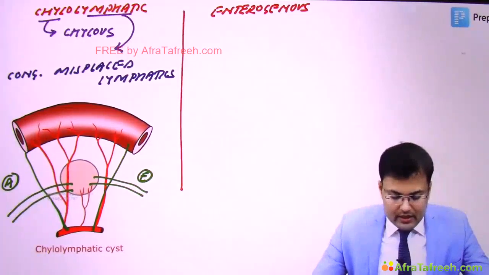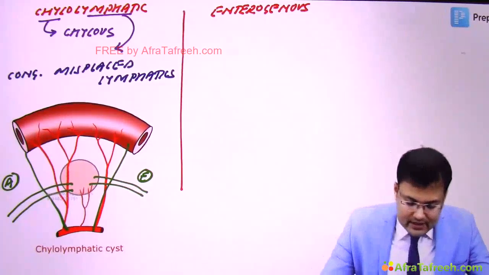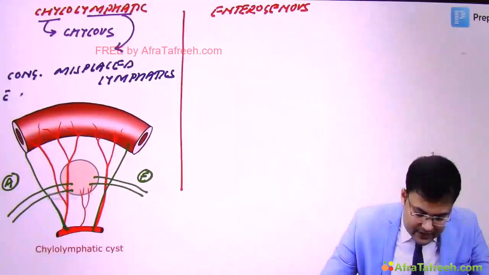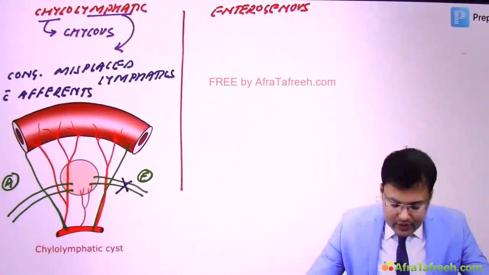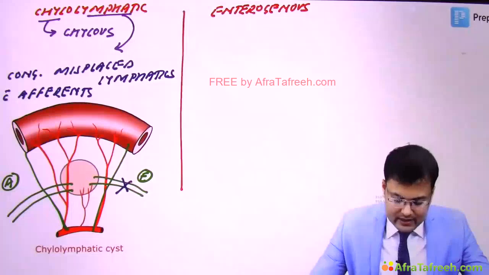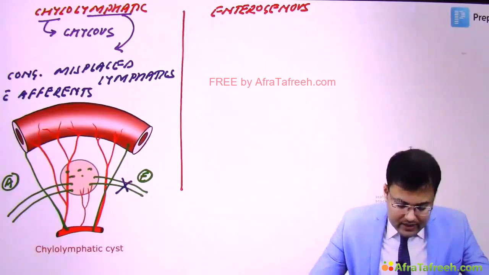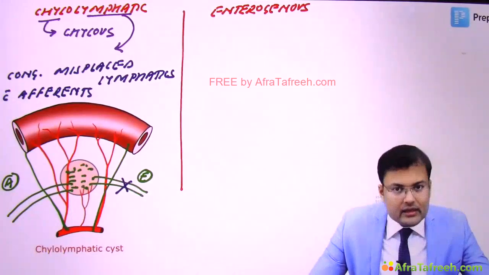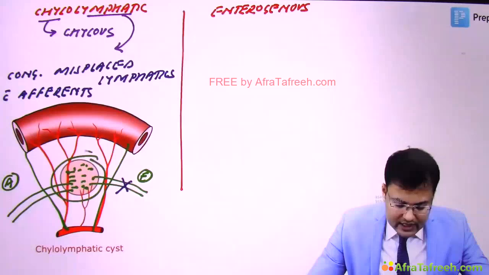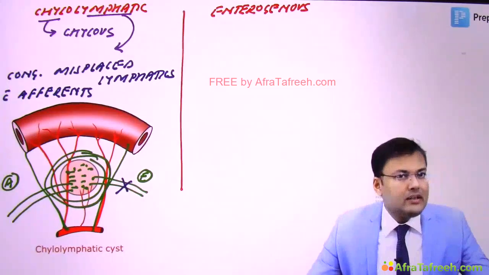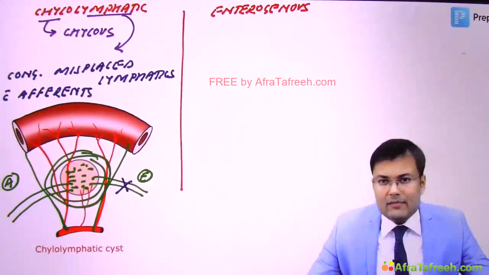The problem is congenitally misplaced lymphatics with afferents only. There is no efferents. So if there are no efferents, what will happen? Because of afferent, the chyle is coming and this chyle starts collecting in the mesentery. Slowly you will notice enlargement of this swelling. So there is formation of chylolymphatic cyst.